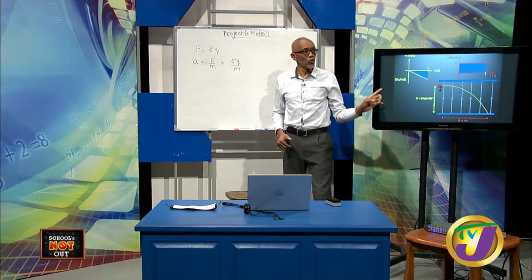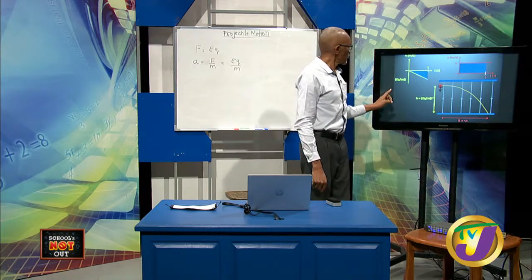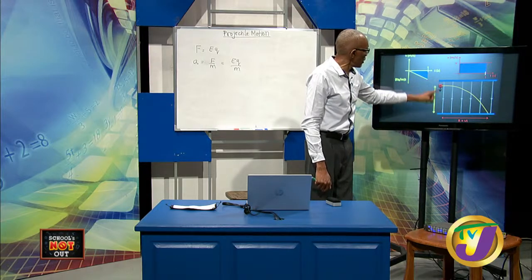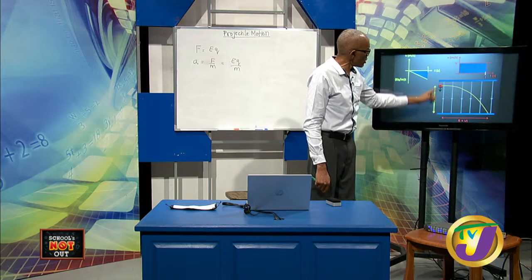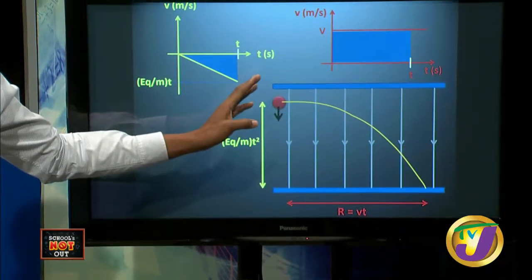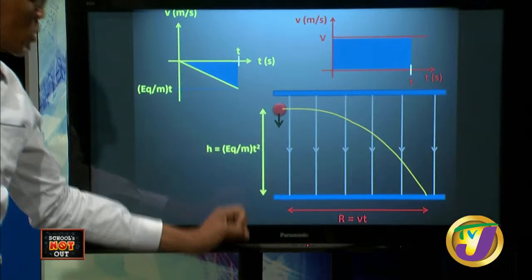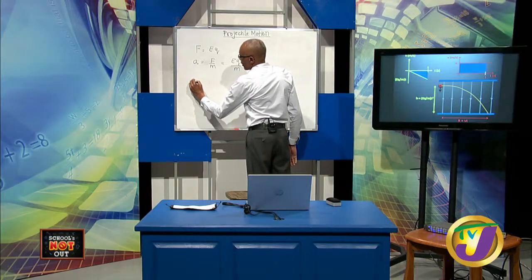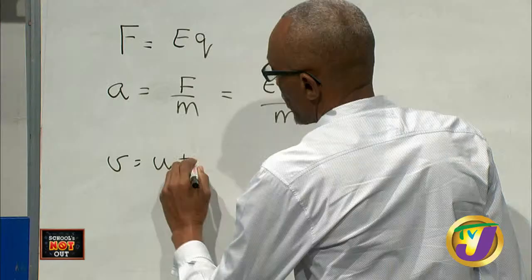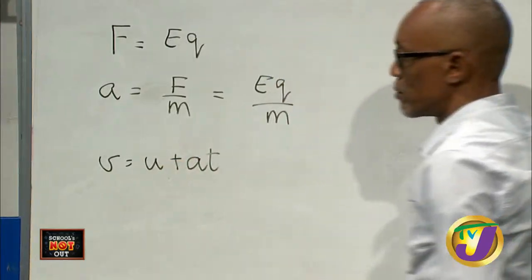Now, if we use linearly accelerated motion for the vertical component of the motion of the particle, we can use the equation v is equal to u plus at.